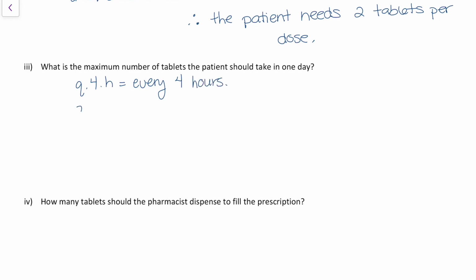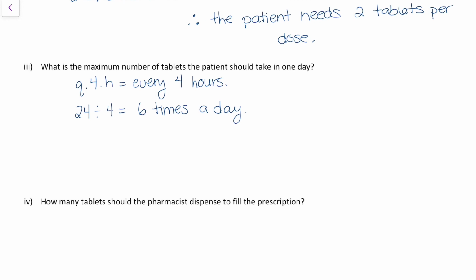So I'm going to divide 24 by 4, which says 6 times a day. So they can take this medication maximum of 6 times a day, and we're saying that they need 2 tablets for each dose.